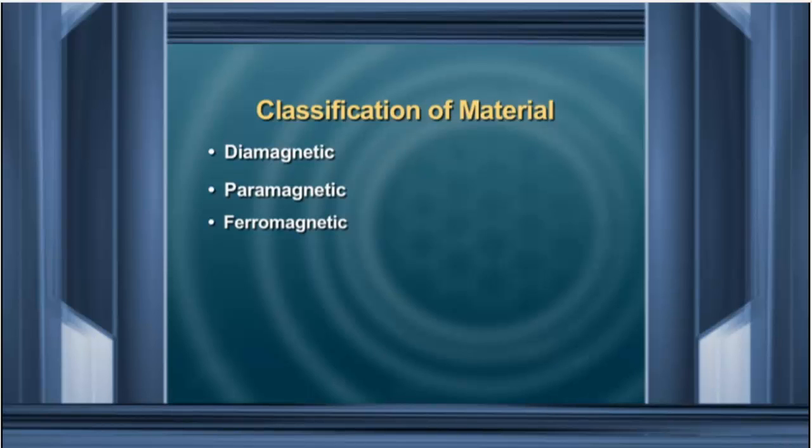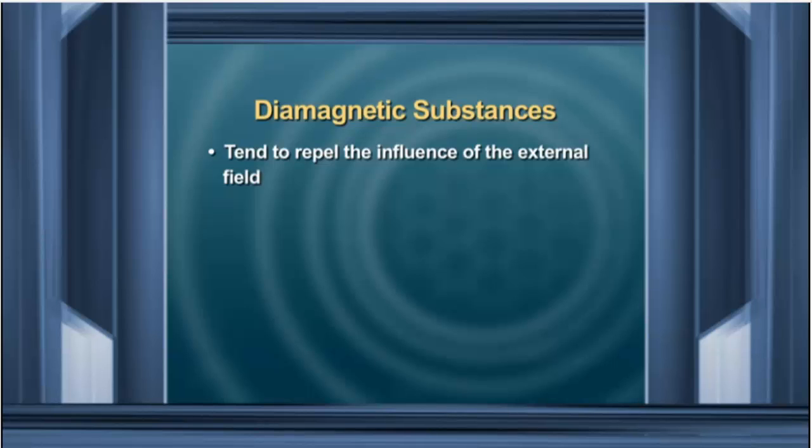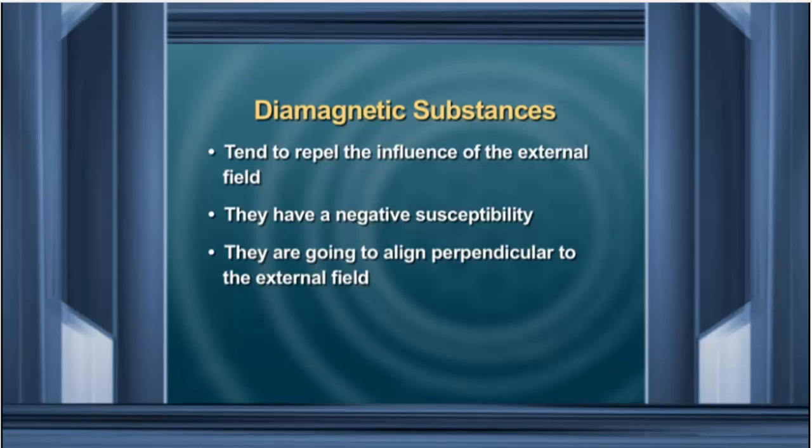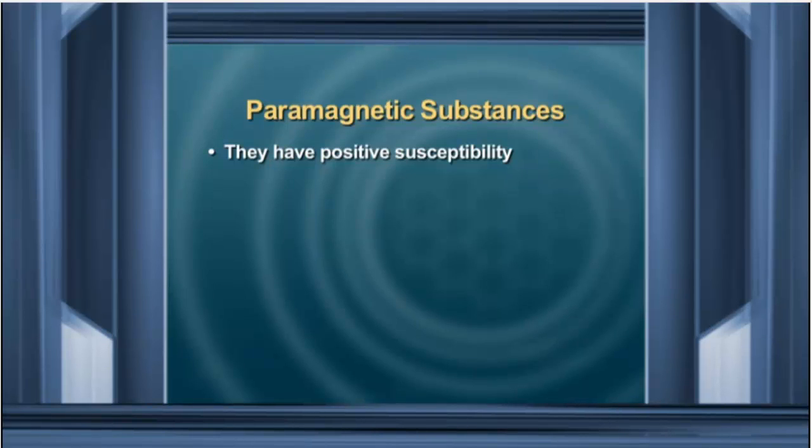Diamagnetic substances tend to repel the influence of the external field. They have a negative susceptibility. They are going to align perpendicular to the external field. Their permeability is very, very low. Paramagnetic substances have a positive susceptibility.